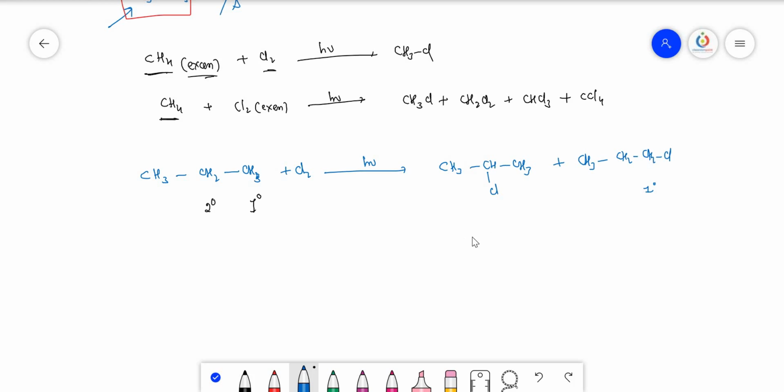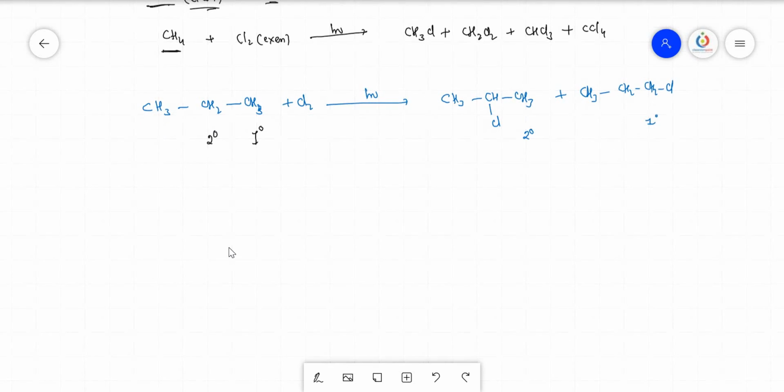This is the primary compound and this is the secondary alkyl halide, and the major compound is the secondary alkyl halide. We have already calculated the percentage of formation and how much percentage of these chlorination and bromination compounds are formed in our previous videos. You can search for that video. Okay, so I am not covering that here.